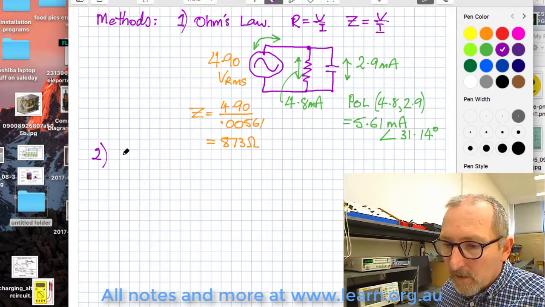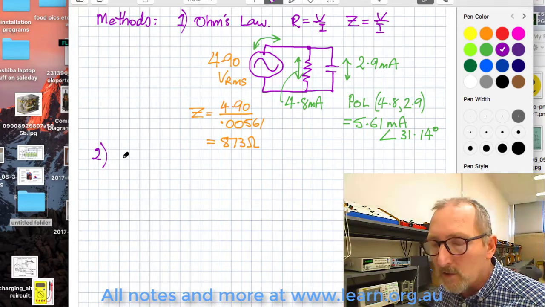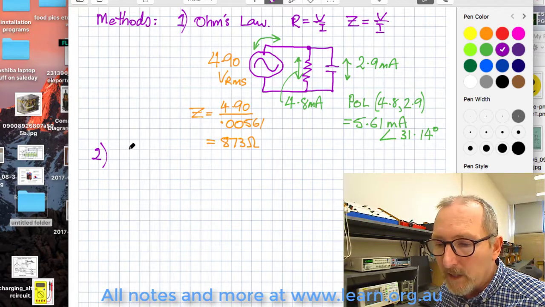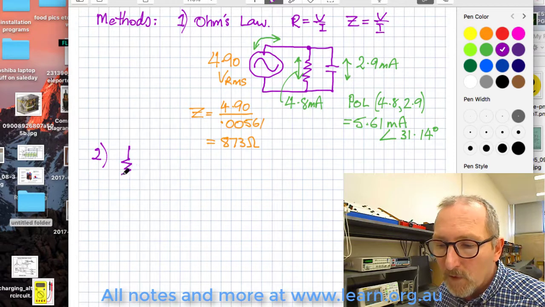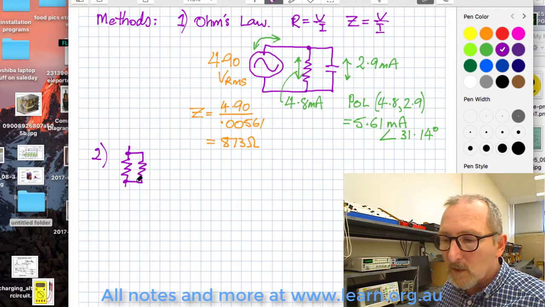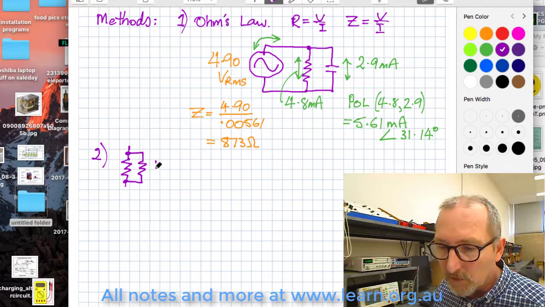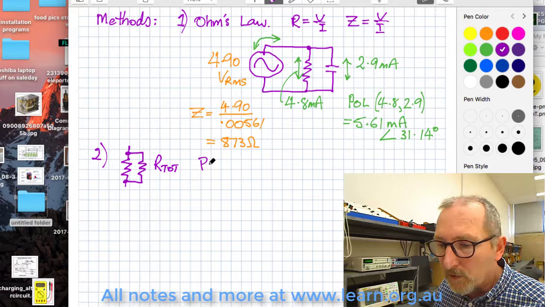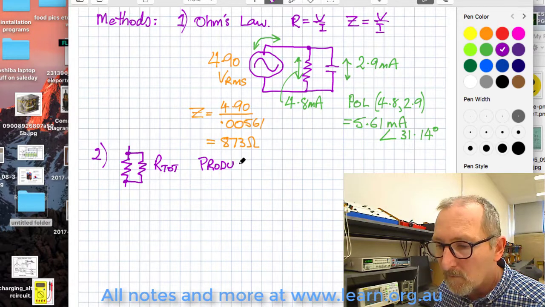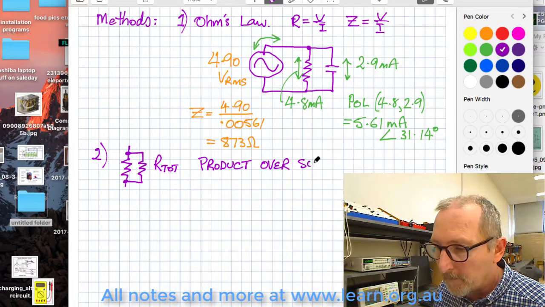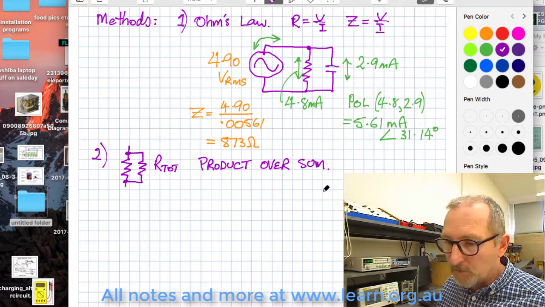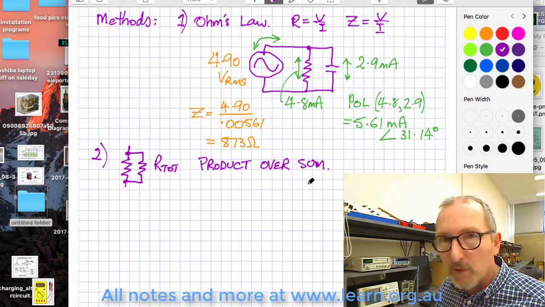Second way. Because we only have two components in this circuit, just like when we had two resistances in a DC circuit and we wanted to find R total, we could use a thing called product over sum. And there's nothing to stop us doing that now. We can use product over sum again.